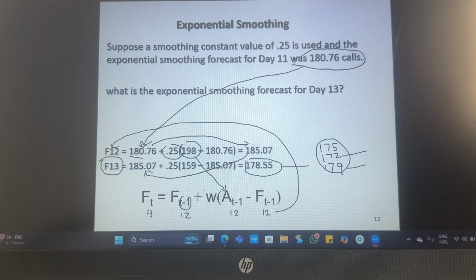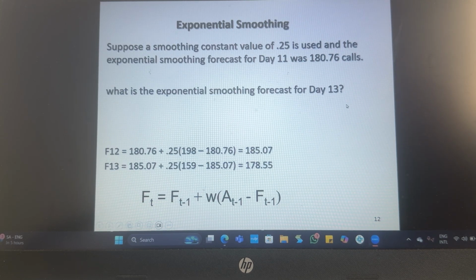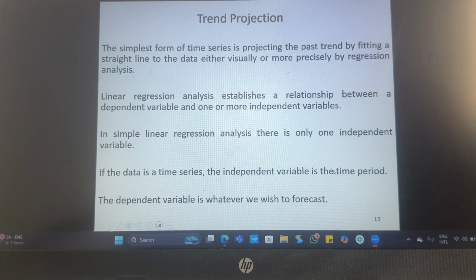It is up to the researcher to choose one of these three methods and give some fair justification. If you take 179, nobody can say that this is wrong. If you take 175, no one can say this is wrong. But as a researcher, you should be able to give some acceptable justification for each. Then it is okay.